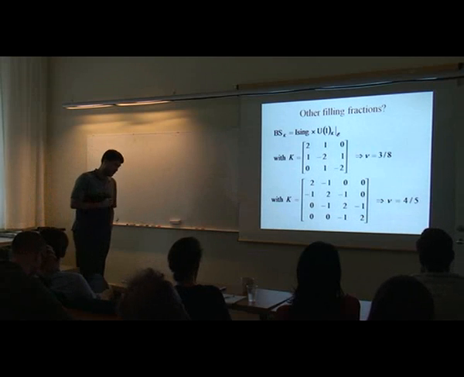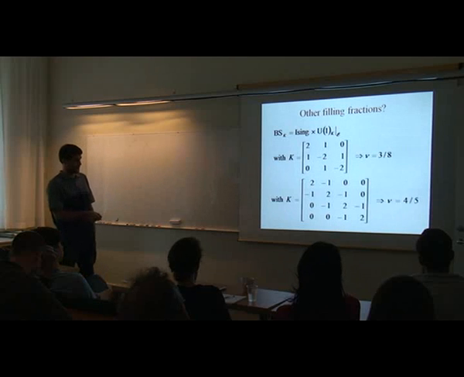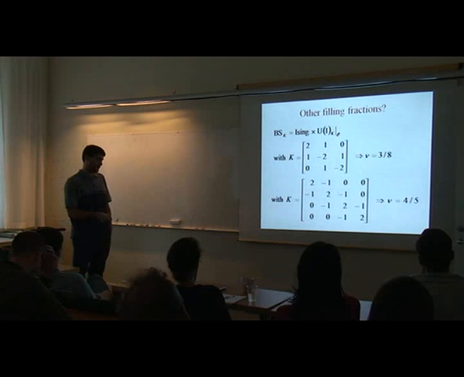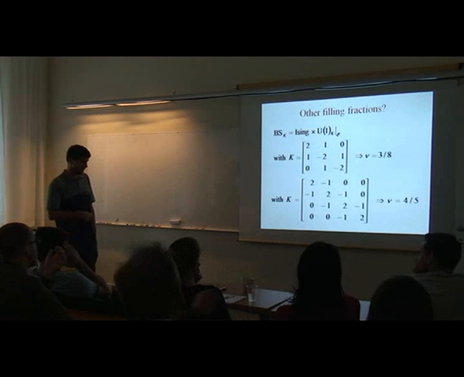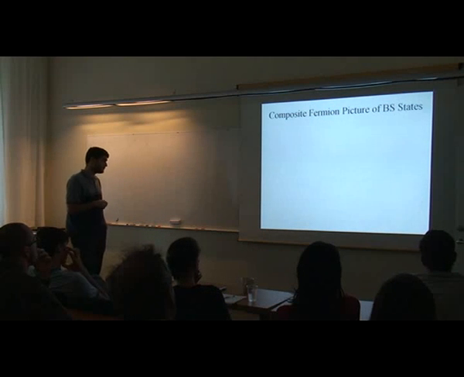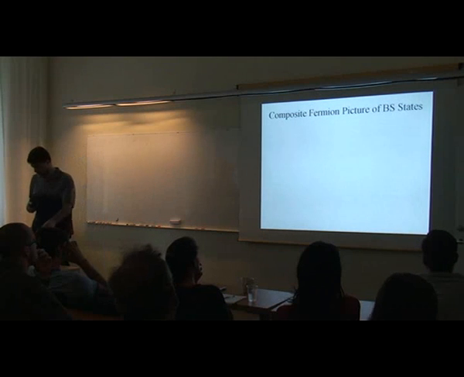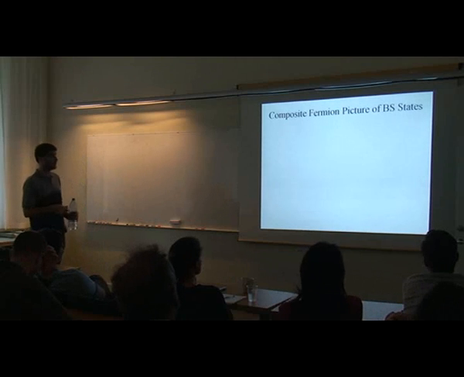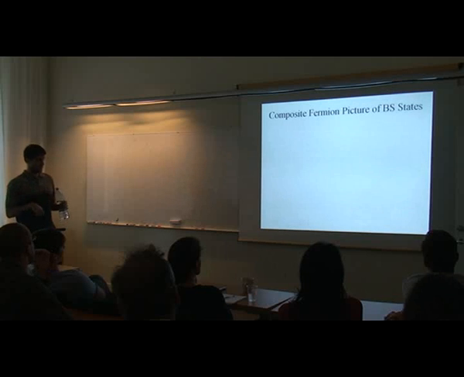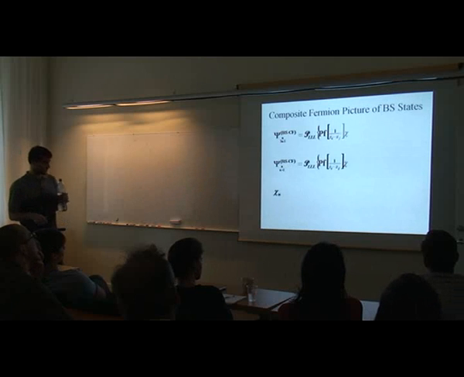Even though we expect it'll probably be abelian, this is just showing that we can indeed produce a state at this filling fraction. Now, a nice thing about these constructions is also that they have a composite fermion type picture similar to the abelian hierarchy states.